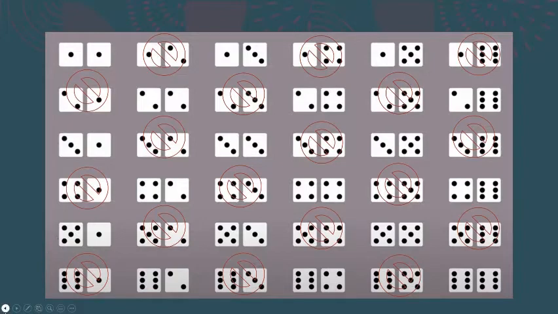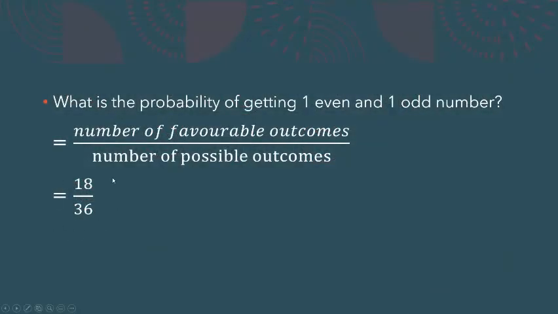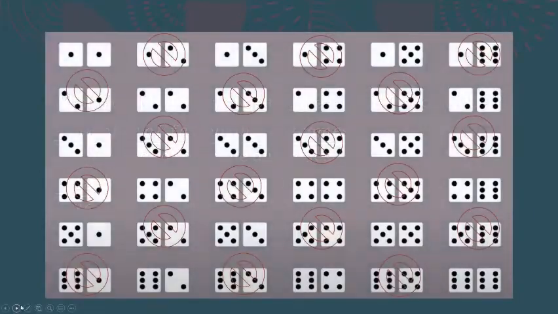Kaya naging 18/36 yung sagot natin dito. Kasi 18 yung number of favorable outcomes natin, which is yung probability of getting one even and one odd number. Tapos 36 yung number of possible outcomes natin dahil yun yung total outcomes ng dalawang six-sided dice.